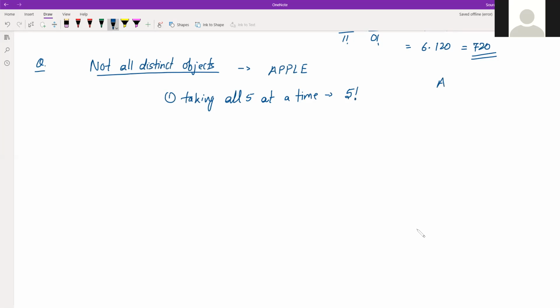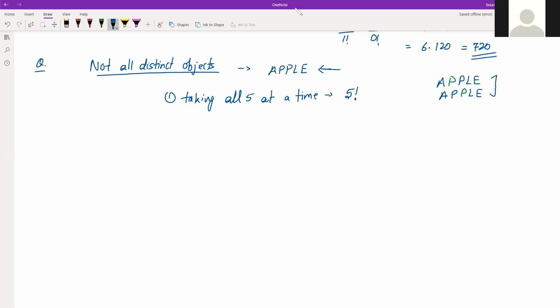Suppose there is a difference between these P's, like one is a green P and another is a blue P. Here I can say that these two are different, right? But in this case, there is no such difference.